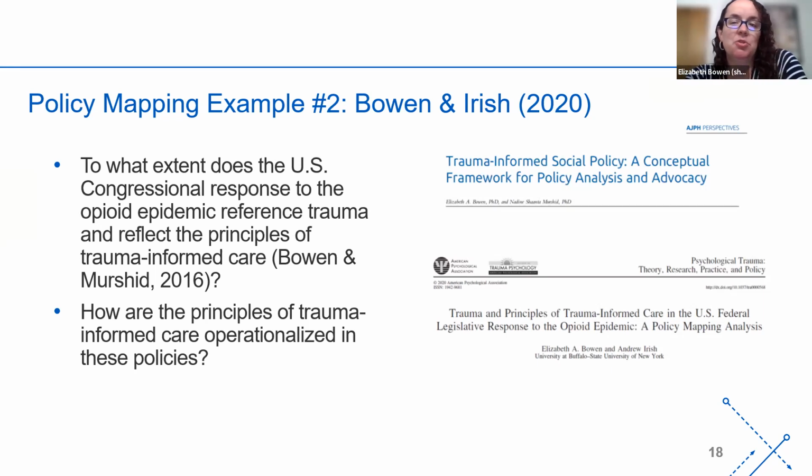Backing up a little bit, I have always been interested in this idea of trauma-informed policy. In social work, we talk a lot about something called trauma-informed care. This is the idea that a lot of people have been through some kind of trauma in their life, and that when they come to us as social workers, seeking mental health care or some other type of social service, the trauma that someone's been through often affects how they present and if they're even willing to seek help in the first place.